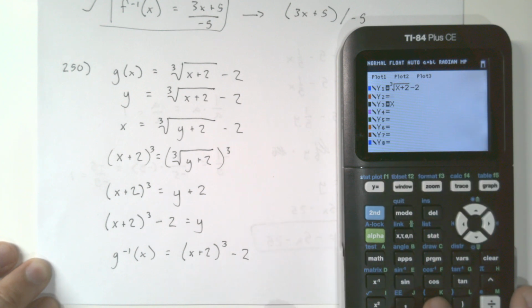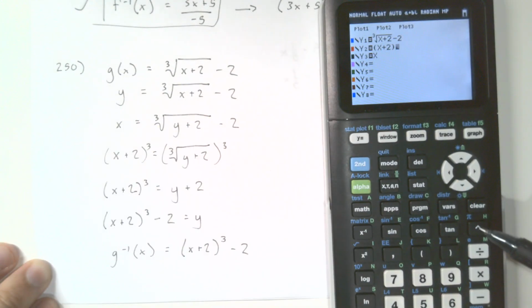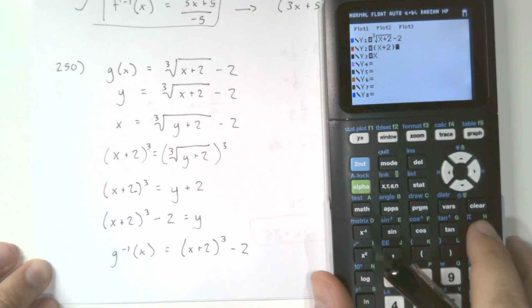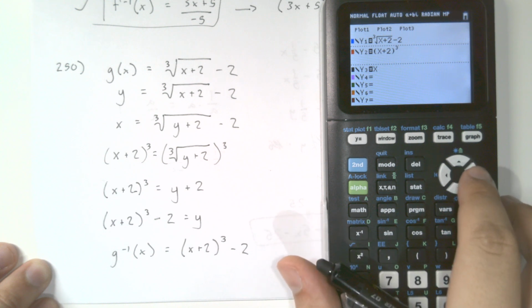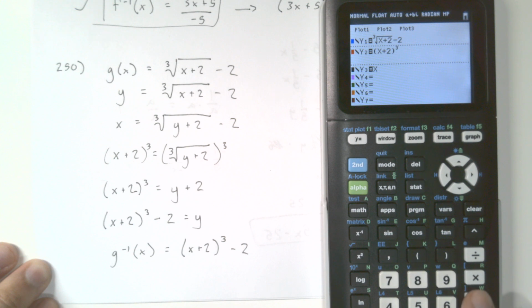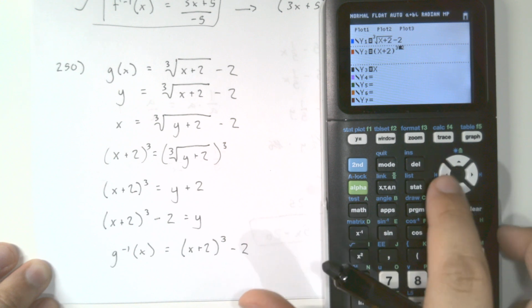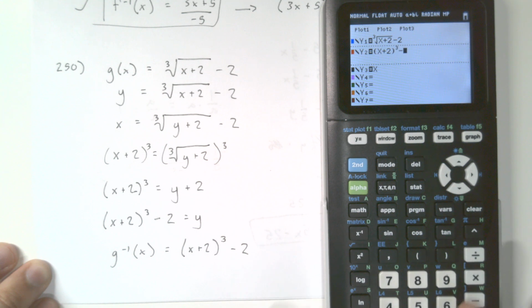And for the other one, we have x plus 2, close parentheses. We use the caret symbol here. Type in a 3, scroll out from under it, make sure you're not still up there, so scroll to the right, and then minus 2.